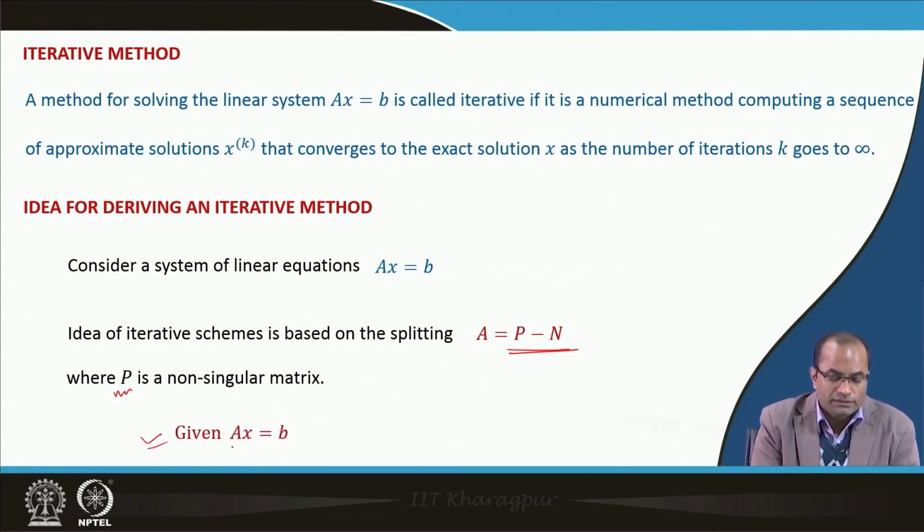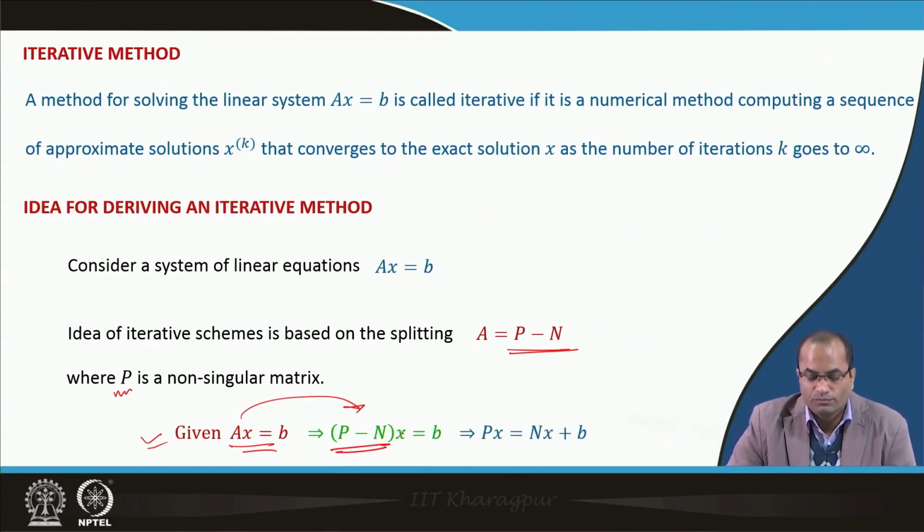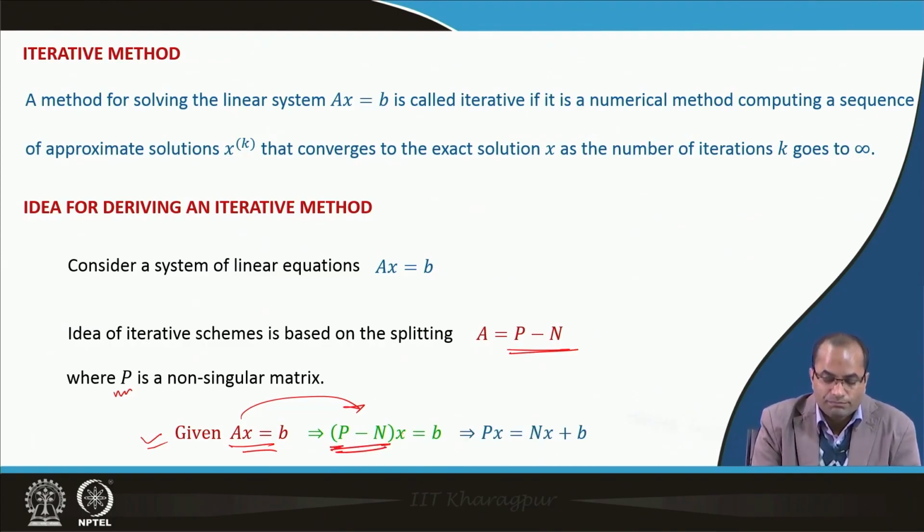So, given the equation A x equal to b, we write A as P minus N, so (P minus N) x equals b, or P x equals N x plus b.